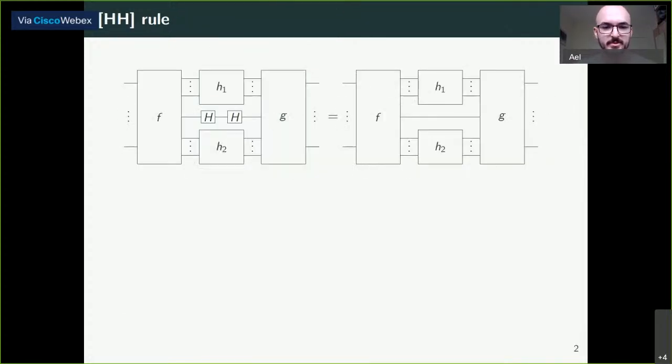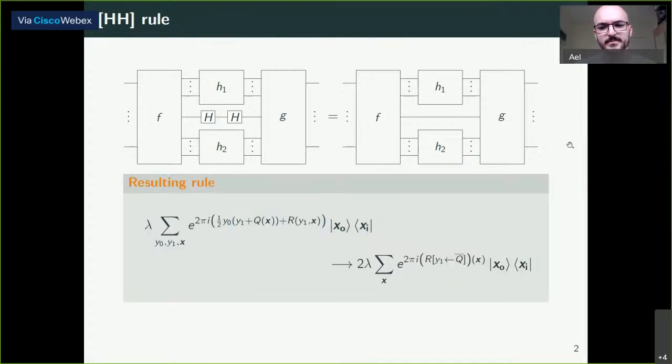So what we're going to do is calculate the full path sum expressions of these two circuits, and simply state that the expression of the first is going to reduce into the expression of the second, as follows.